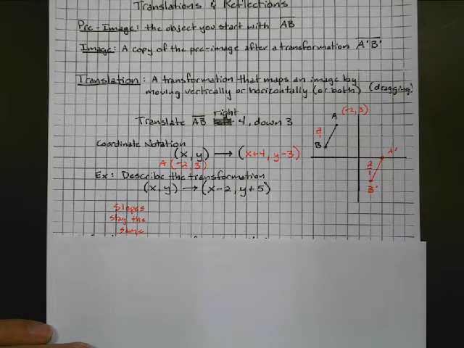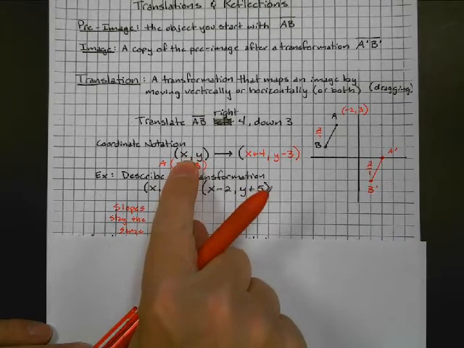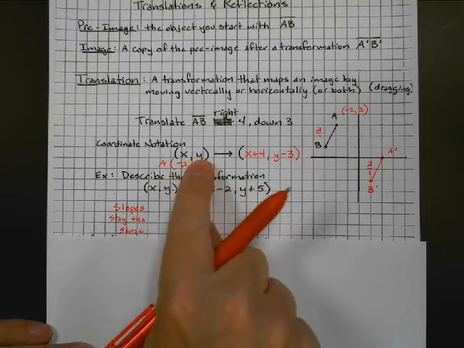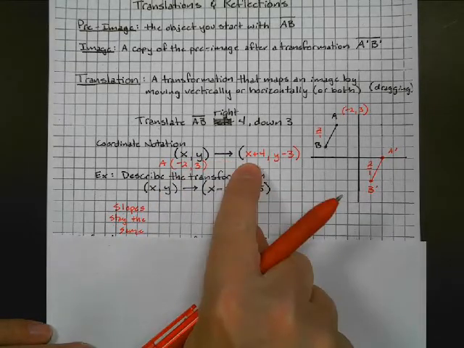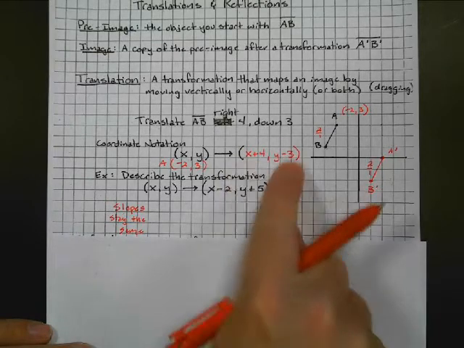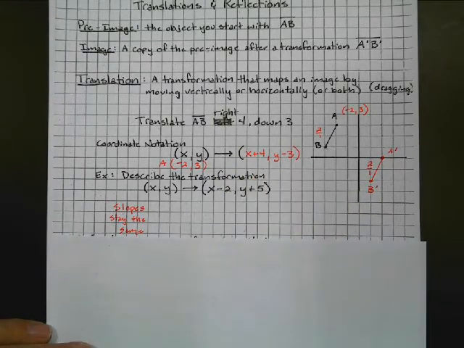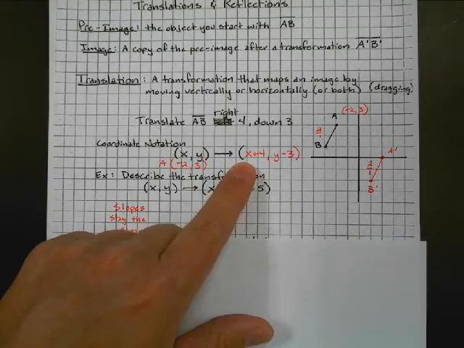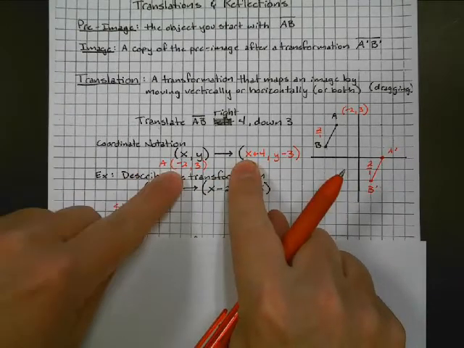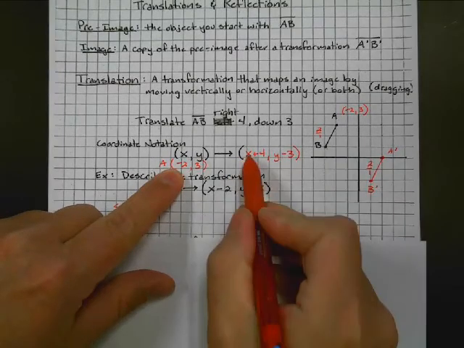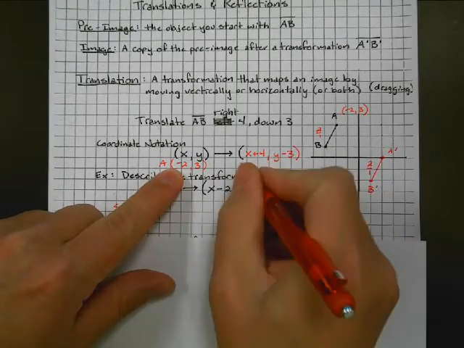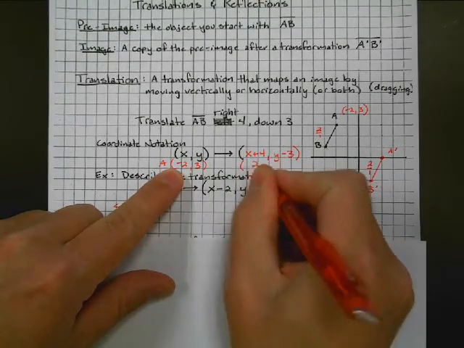So the coordinate notation says I'm going to take the pre-image point and I'm going to transform it. That's what this arrow is saying. And here's what the transformation is going to look like as far as the coordinates are concerned. So I had x, and over here I said x was -2. So I'm going to do -2 plus 4. That would be +2.